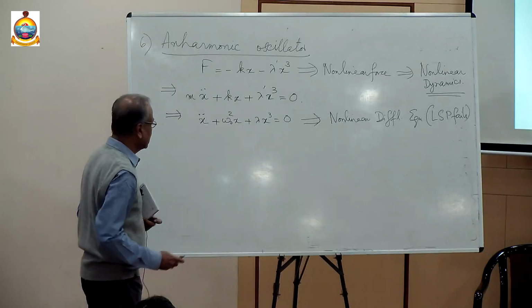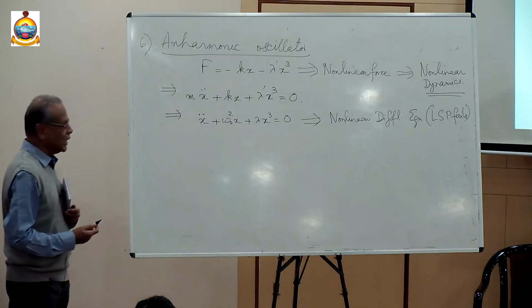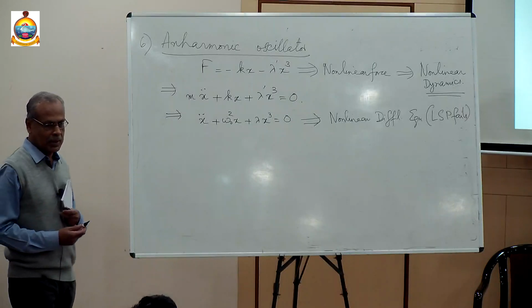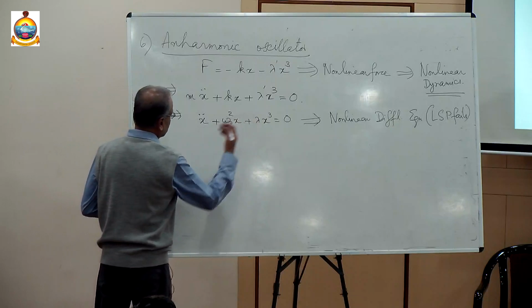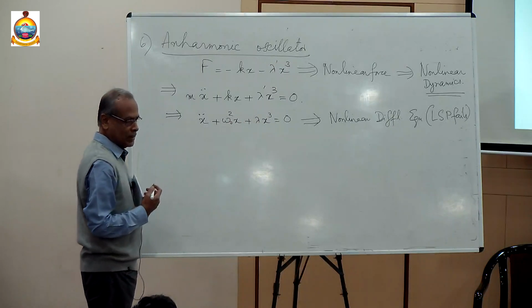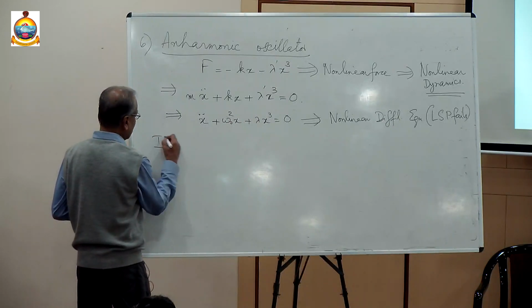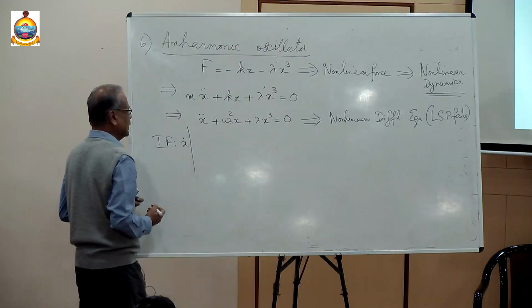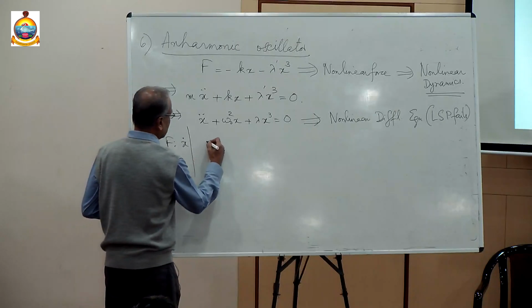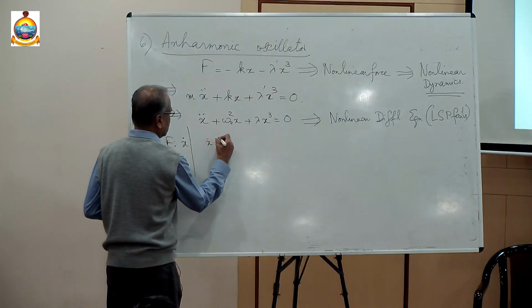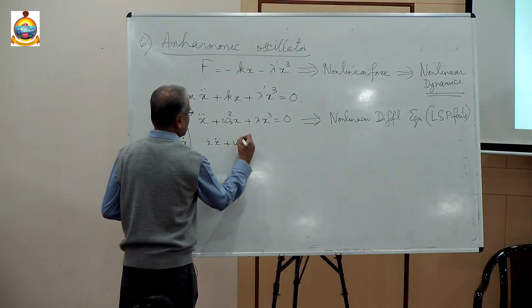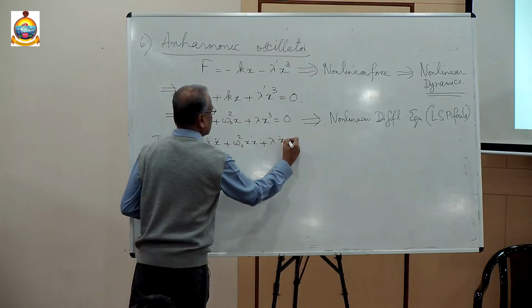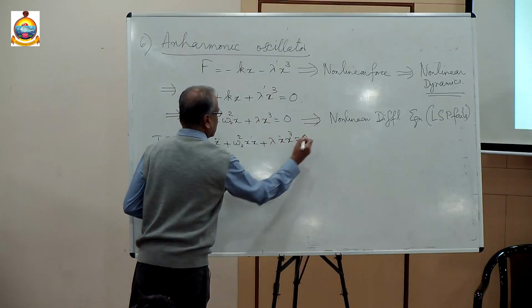Now what happens to this equation? What kind of integrals can it admit? Can integrals exist? Can you identify this integral? Well, you can follow the method you used for the harmonic oscillator itself. You introduce an integrating factor, x dot, and multiply by it. Then you get x dot x double dot plus omega naught square x x dot plus lambda x cube x dot equal to 0.